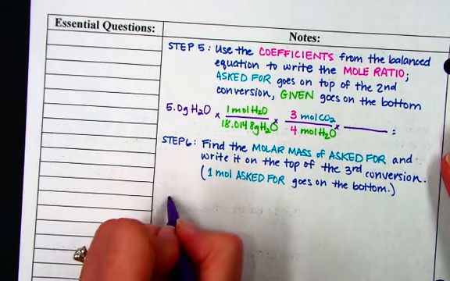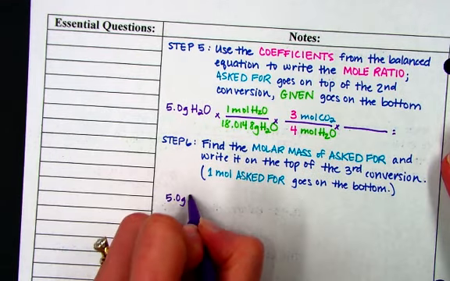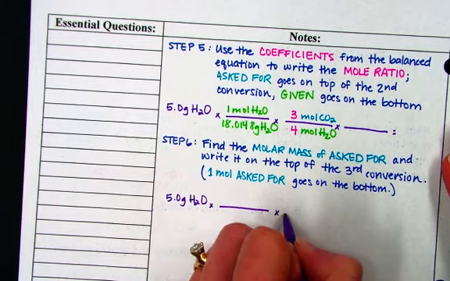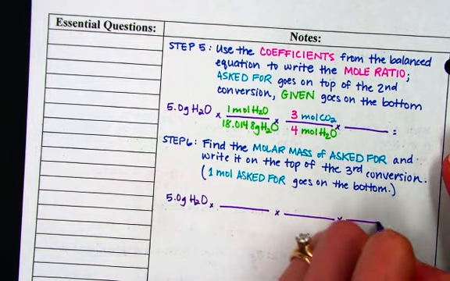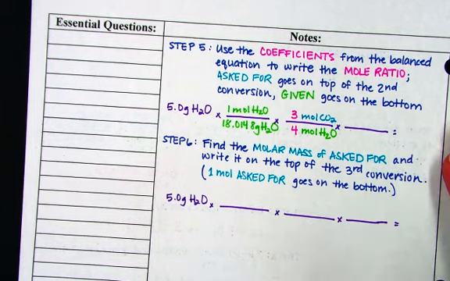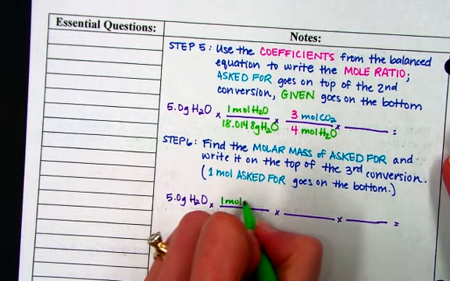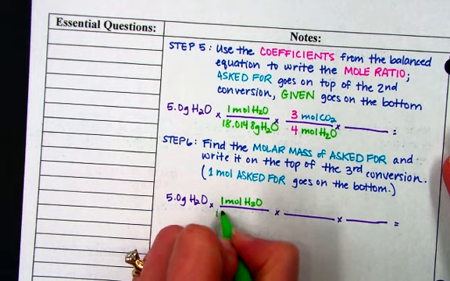Last conversion, 5.0 grams of H2O. All right, we're almost done. 1 mole of H2O here, molar mass.